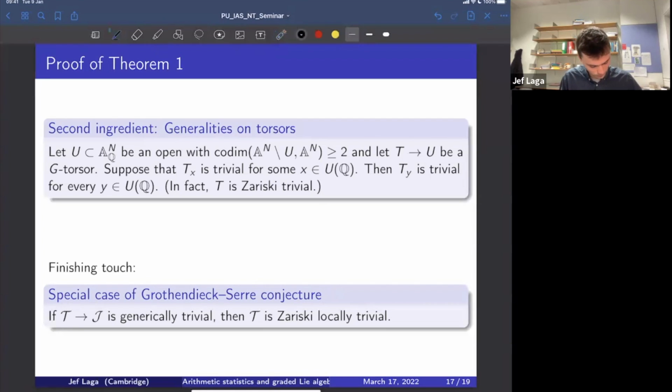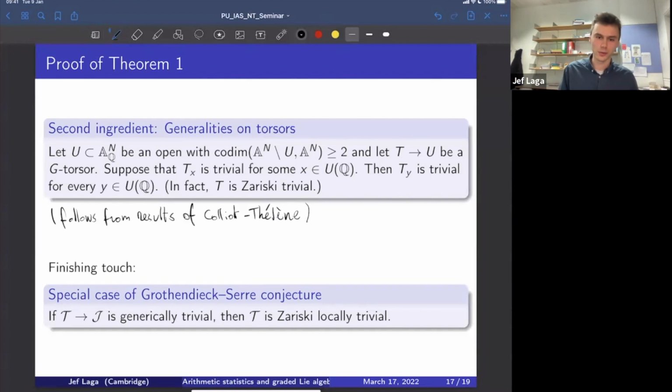All right, so this ingredient follows from results of Colliot-Thélène and Ojanguren. It hasn't been written down before, but I could imagine that it was well known to some people.